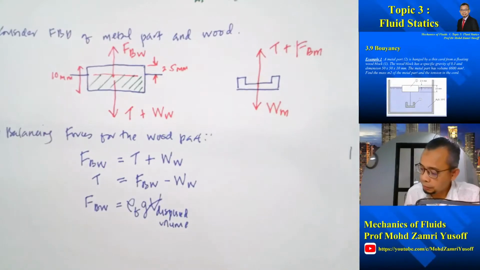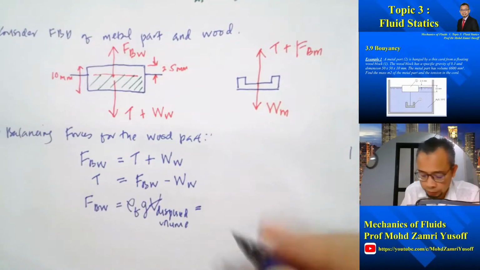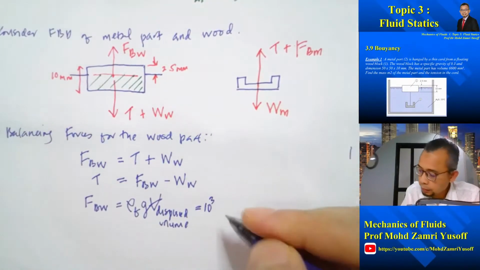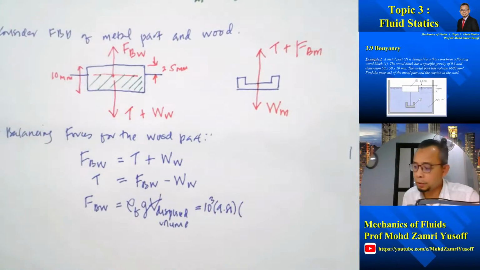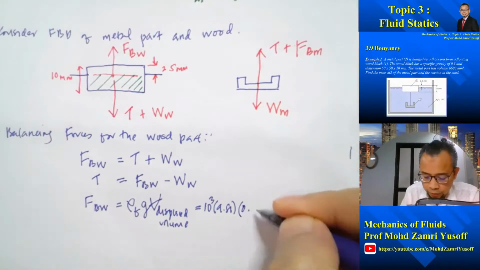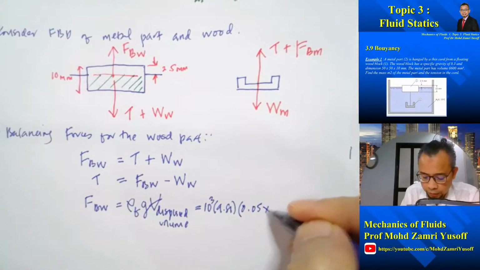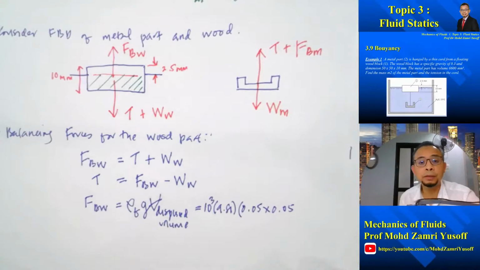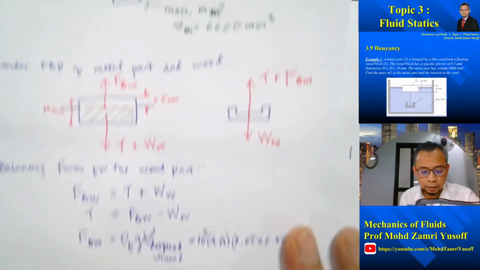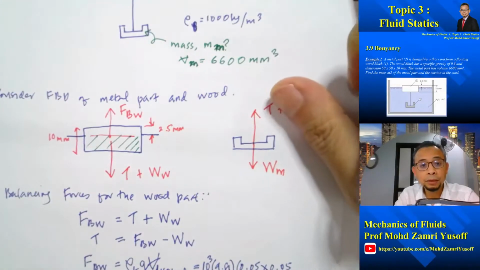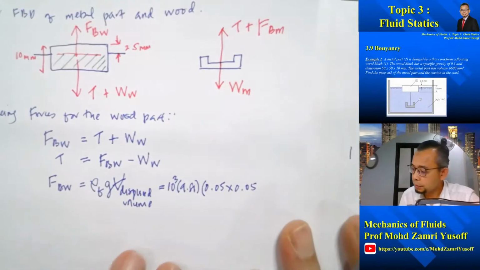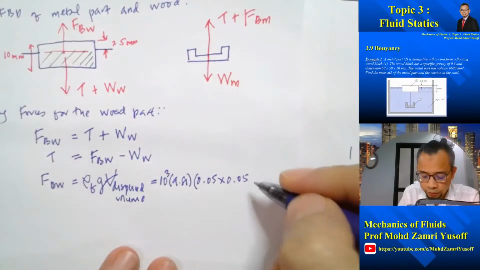So that is equal to 10 to the 3, times 9.81, multiplied by the dimension 0.05 multiplied by 0.05, because it's 50 millimeter, and then multiplied by this dimension, which is 7.5 millimeter, so that is 0.0075.